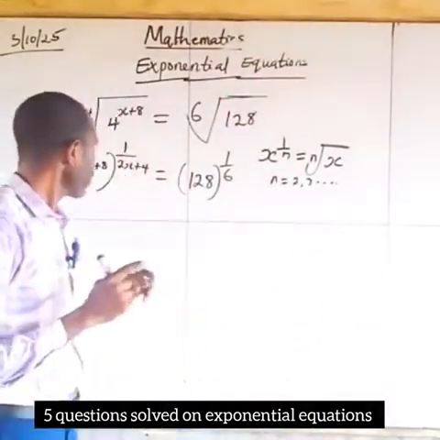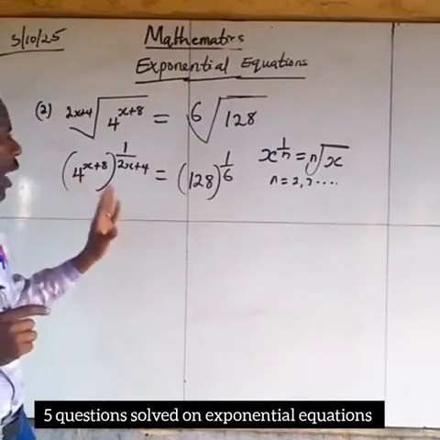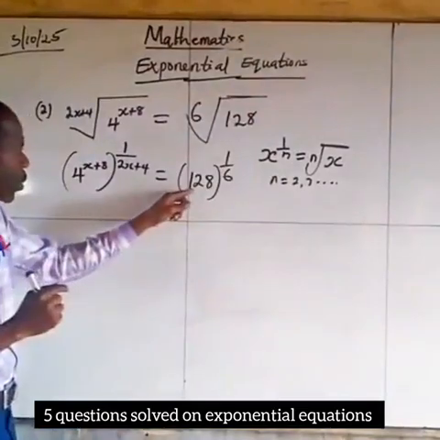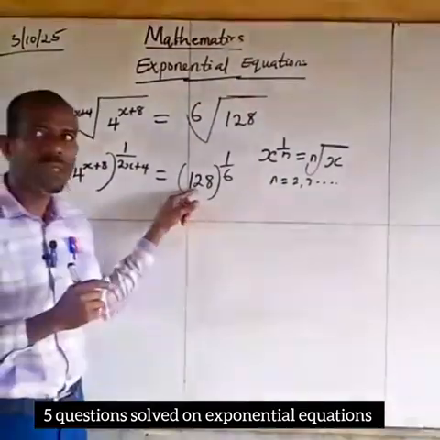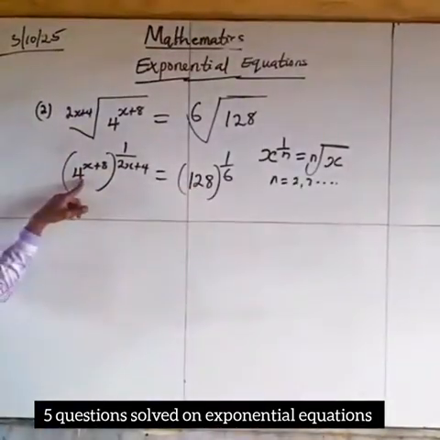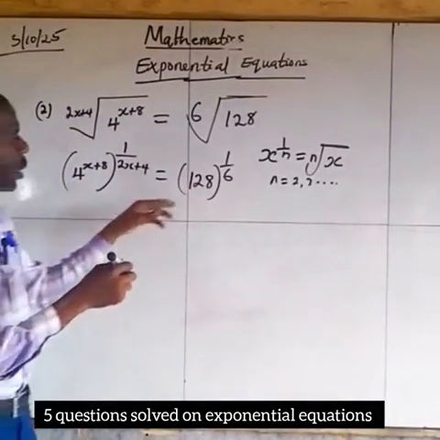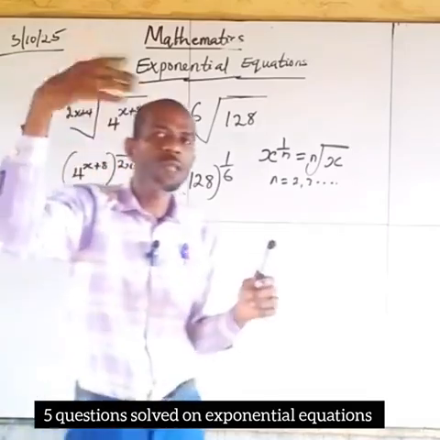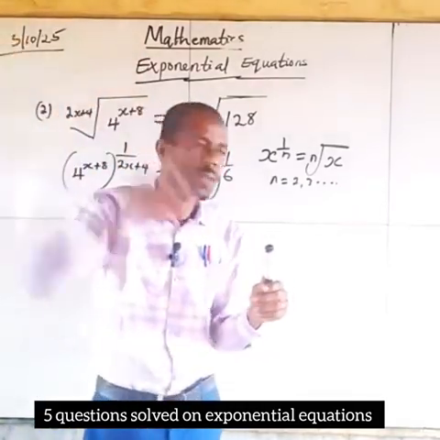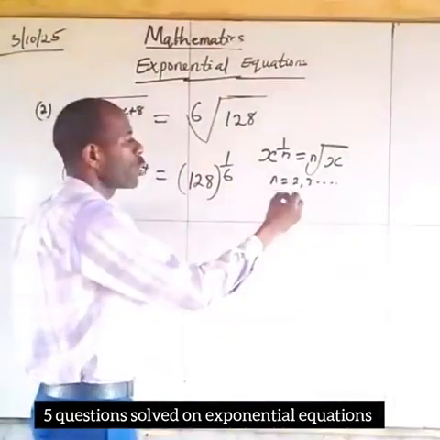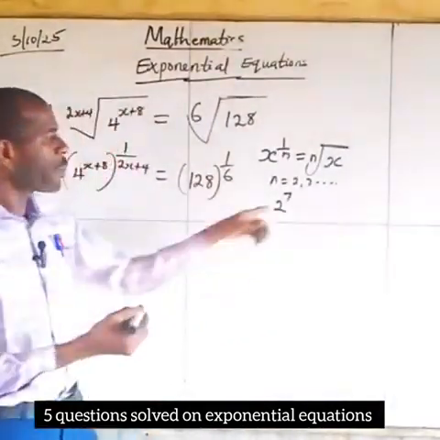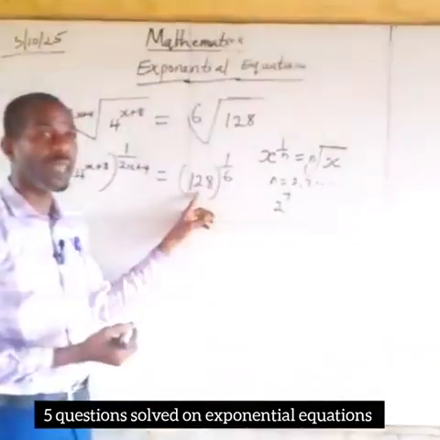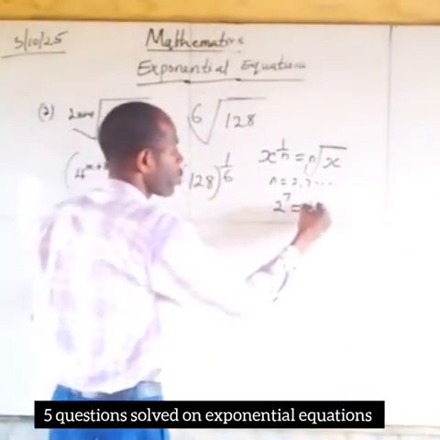The next thing we are going to do is to achieve the same base. That is our aim. Let us express this one to the lowest base, and also express this one to the lowest base. Remember that in 128, if I multiply 2 by itself 7 times, it will give me 128, which means 2 raised to the power 7 is equal to 128.